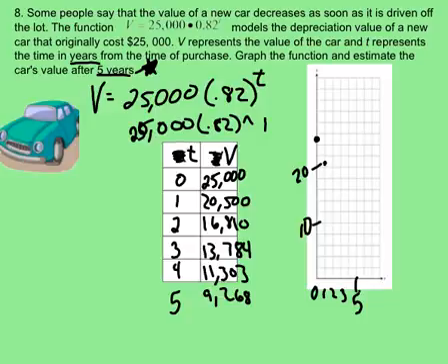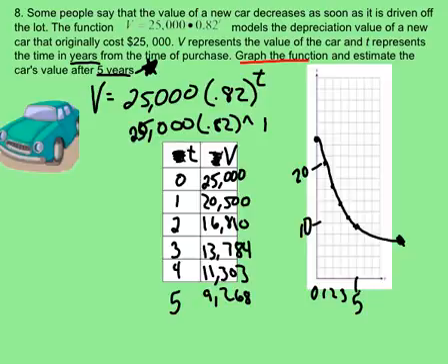Then I need just above 16,800. Be about there. 3 would be 13,700. So that's just under 14,000. 11,300 would be 4. And 5 would be just here, about there. So you can see this exponential decay function is going to taper off. So that would be my graph.